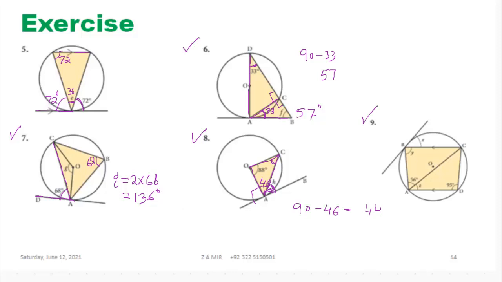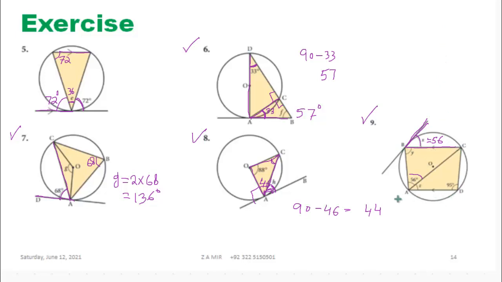Let's do question number 9. In question 9, this is a tangent line and this is the chord, and X is the angle between the chord and the tangent, and it will be equal to this angle over here, which is 56. So X is 56 according to the alternate segment theorem.